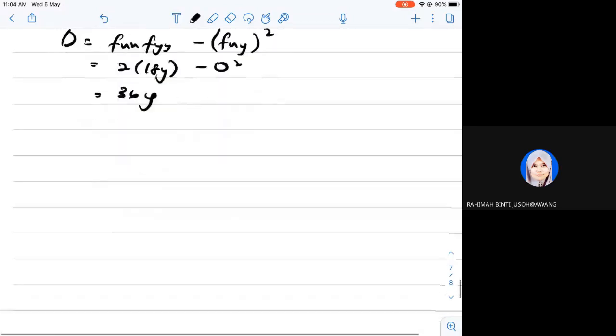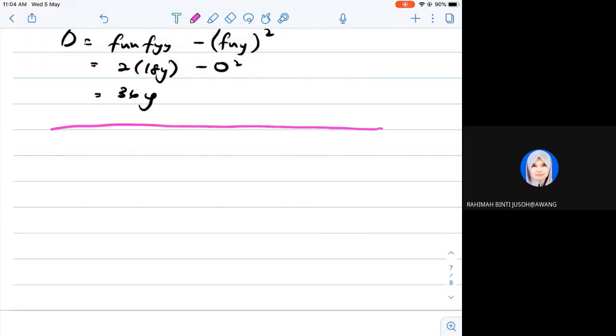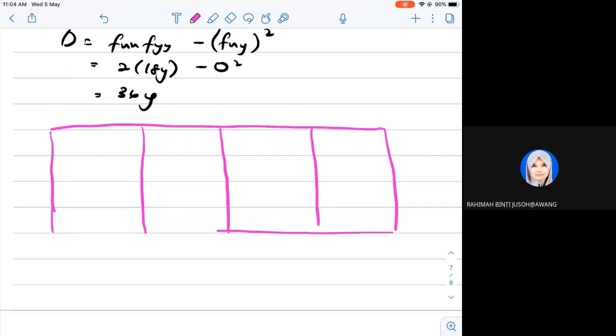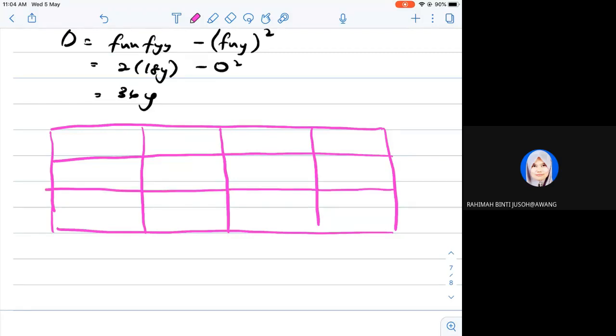So now memandangkan kita ada 2, terus plot table lah, senang. Okay, this is the critical points. D, fxx. Ini nilai D, ini fxx, ini conclusion.